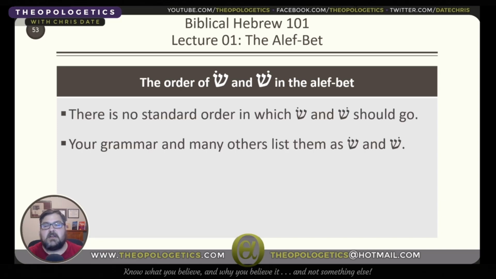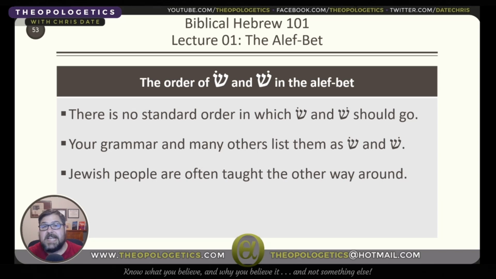And that's because there really is no standard order of them. And that might be because, as we talked about in the beginning of this video, some ways of counting the Hebrew consonants don't even differentiate between sin and shin. They treat them as a single consonant, shin, that is just pronounced differently depending upon which side the dot is on. So don't fret over remembering which comes first, sin or shin.